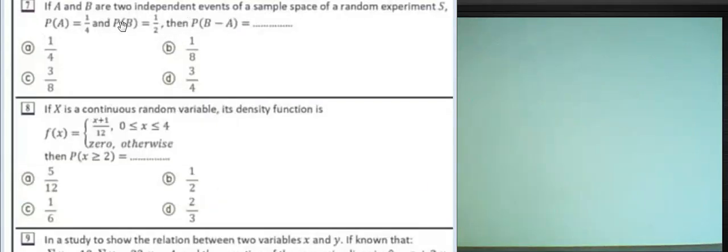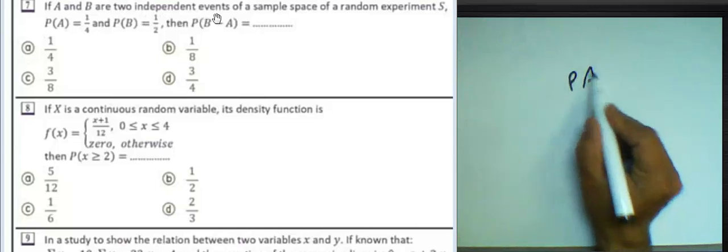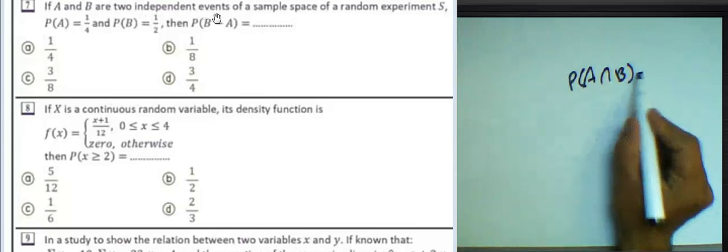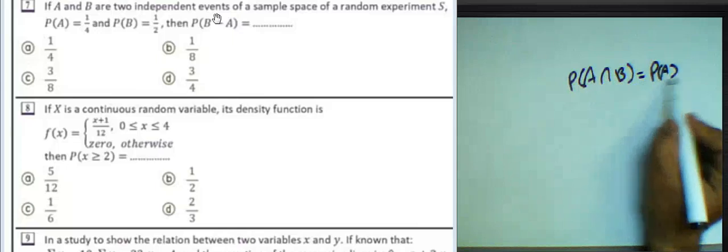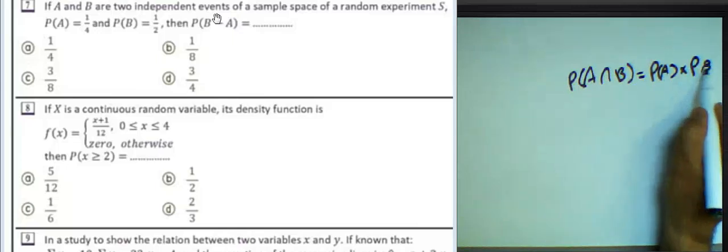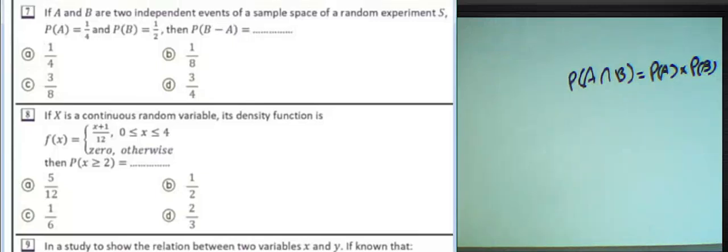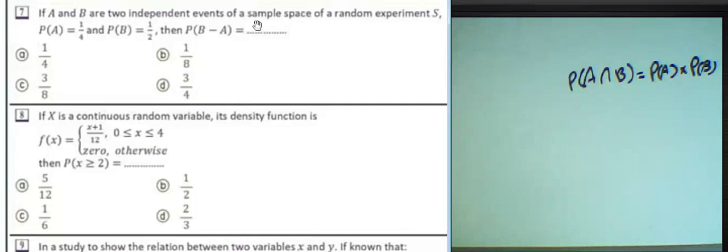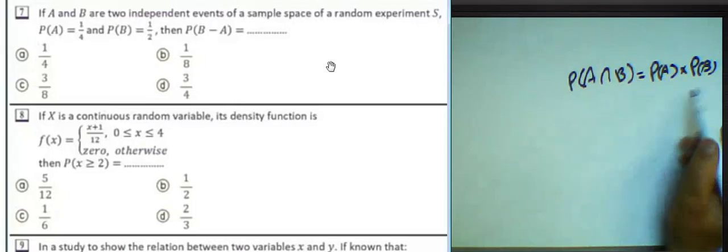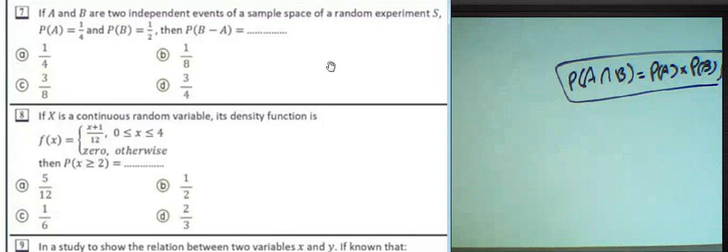Question 7. If A and B are two independent events of a sample space. Independent events, here it's meaning what? Probability of A intersection B equals probability of the first multiplication probability of the second.